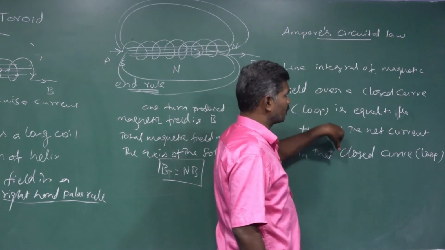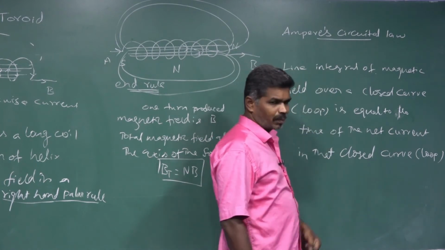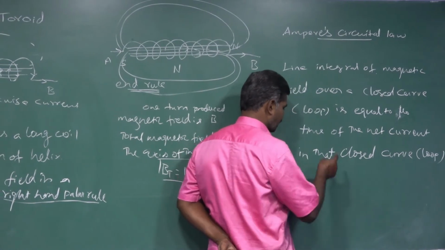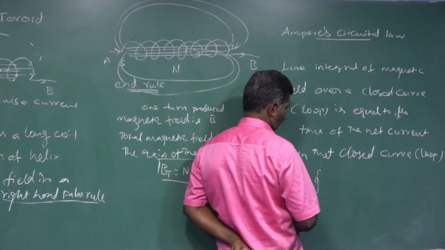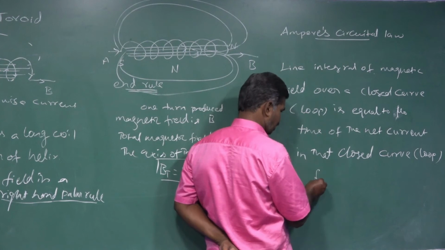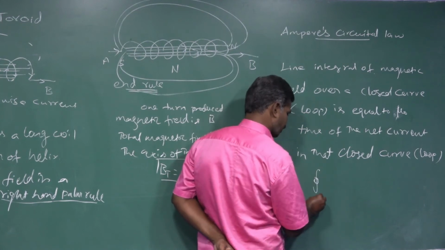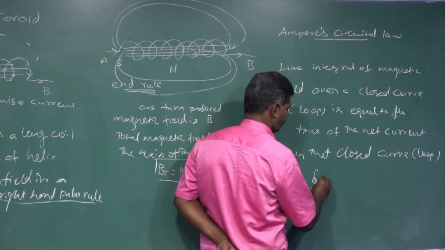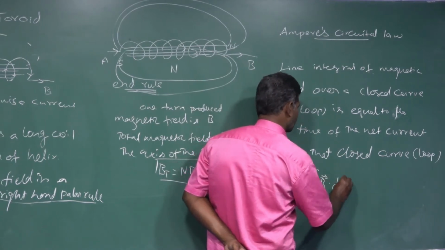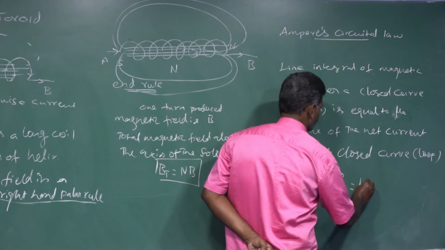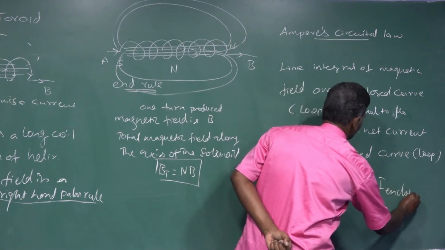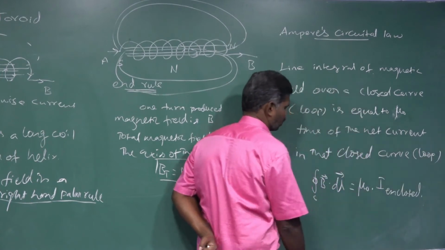So we can express Ampere's Circuital Law as an equation: the closed integral, with suffix C, of B vector dot dl vector is equal to mu naught into I enclosed. This is Ampere's Circuital Law.